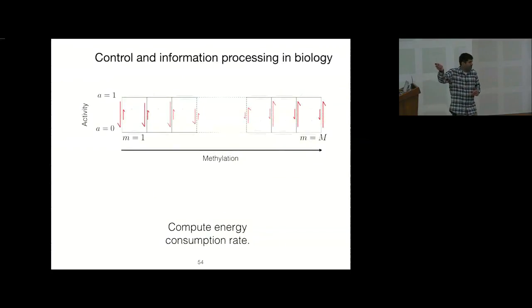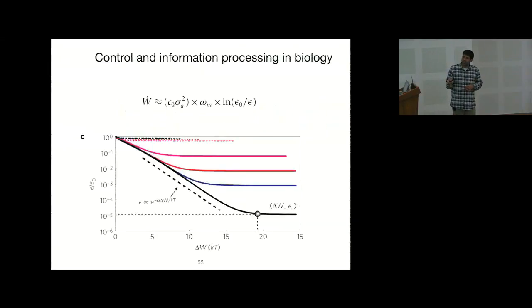If you take a network of this sort, and if you compute the energy consumption rate using the prescription from the beginning of this lecture, you see something really remarkable. You see that the energy consumption rate, or W dot, constrains this quantity here, the log of epsilon naught over epsilon.